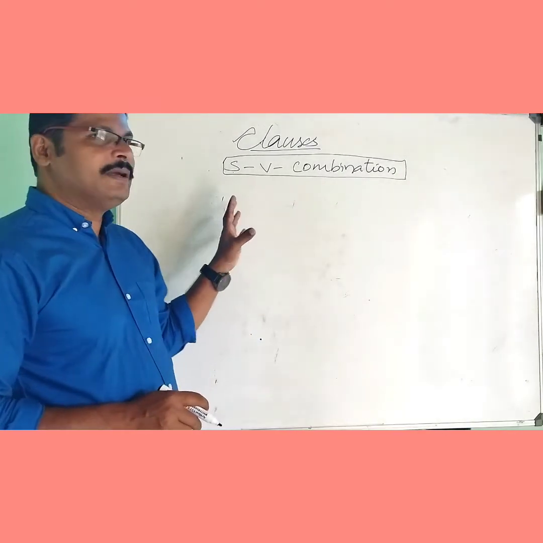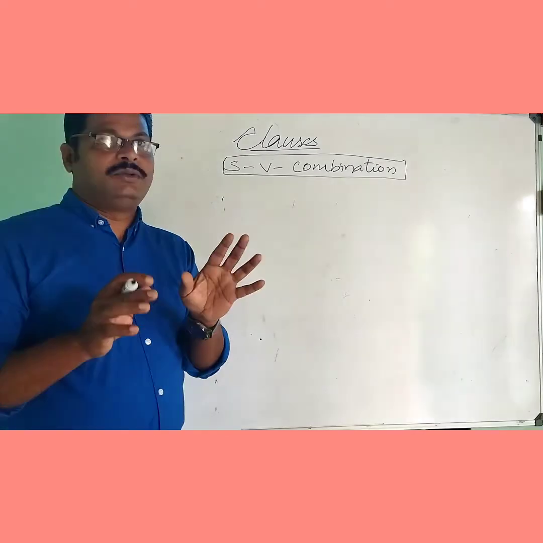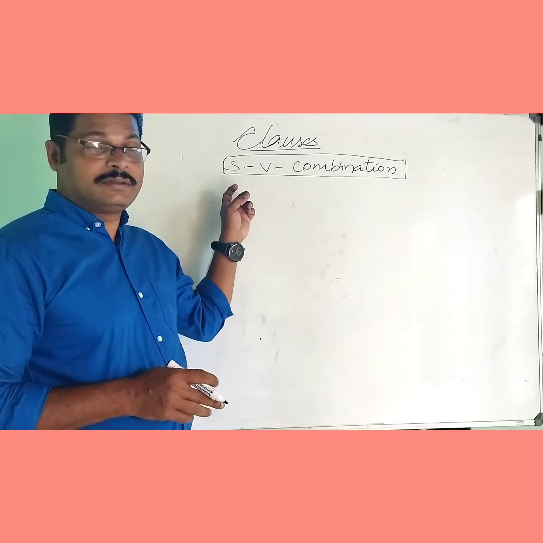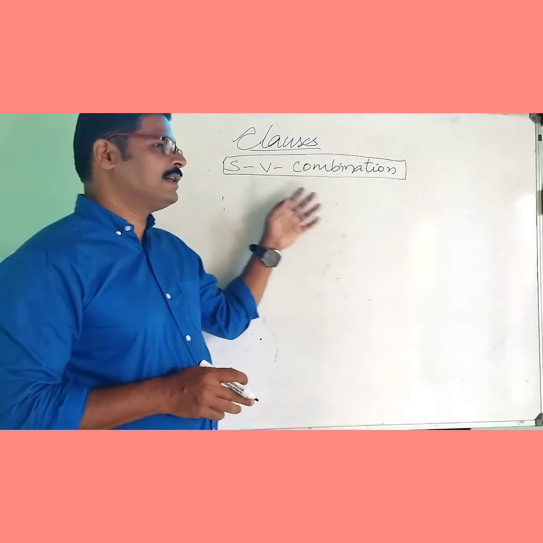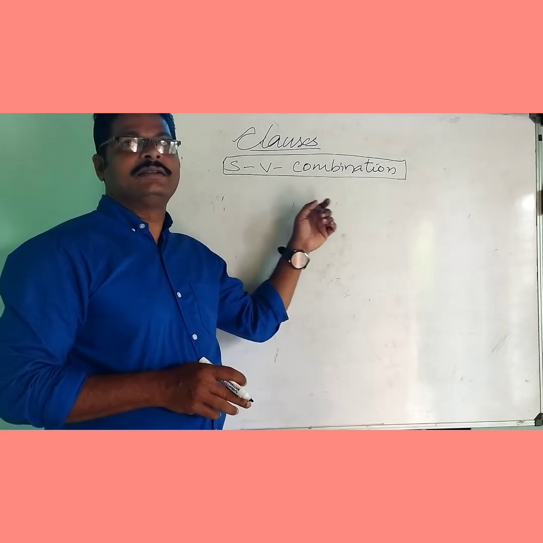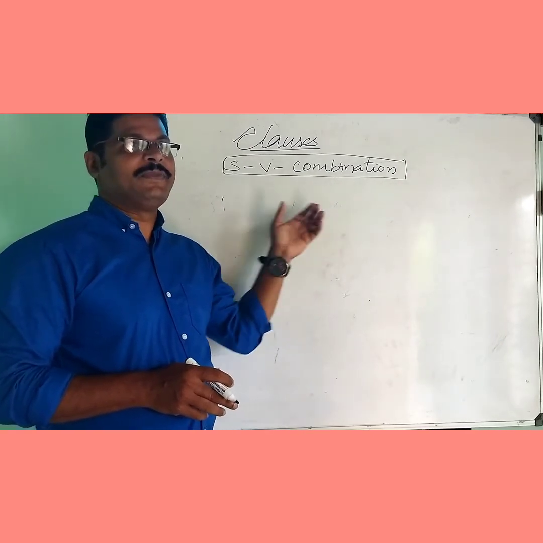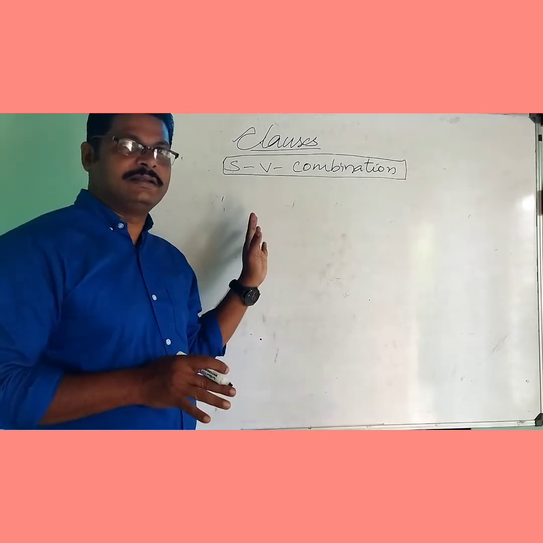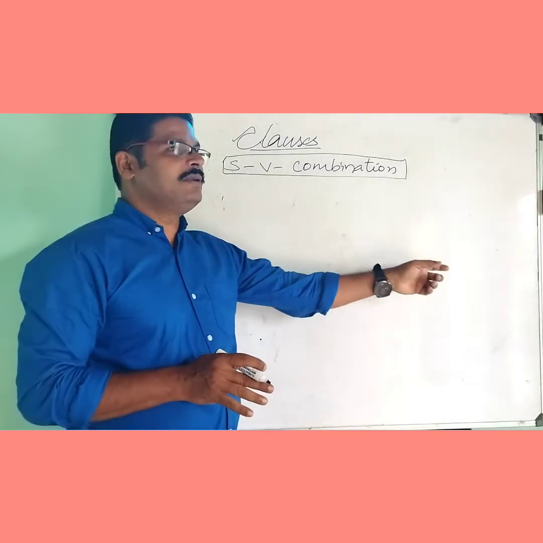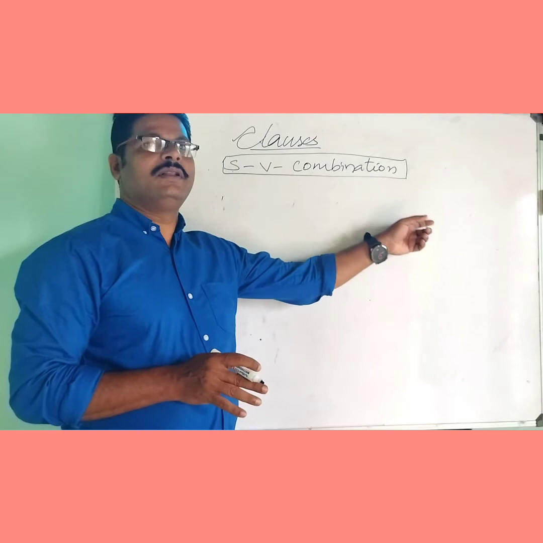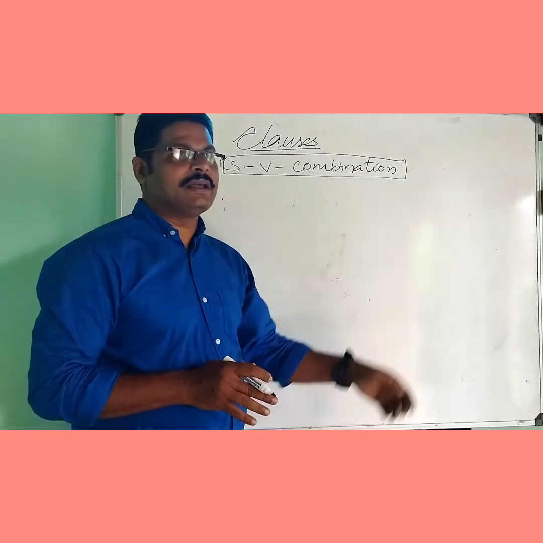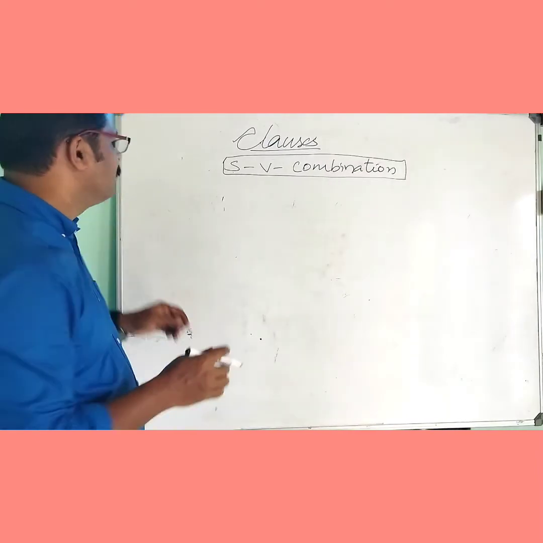See, in English we use two types of clauses, that is main clause and subordinate clause, or independent clause and dependent clause. Independent clause is a full sentence. It has a complete meaning, but dependent clause will rely on the main clause for its meaning. Let us see another example.